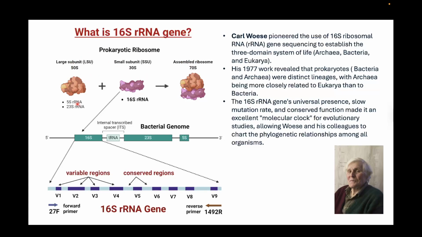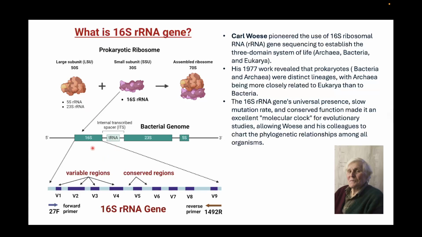Each ribosomal subunit is composed of rRNA, which is ribosomal RNA, and ribosomal proteins as well. In the 50S large subunit, 5S rRNA and 23S rRNA are abundant, while in the 30S small subunit, 16S rRNA is abundant. Then these two components are assembled to form a complete ribosome.